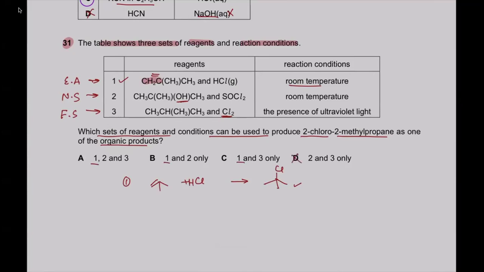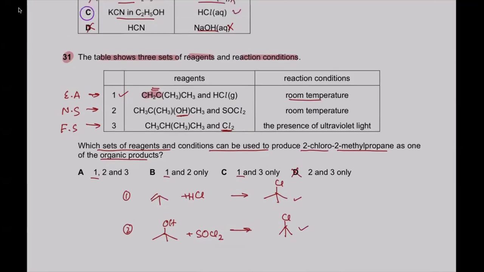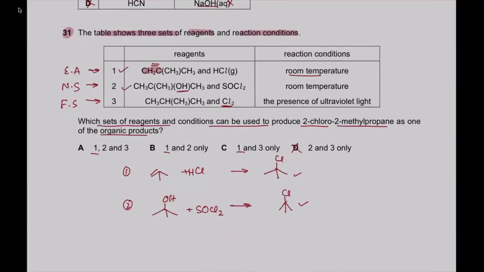So D goes wrong. If you look at the second reaction, there are 3 carbons in the chain, the fourth carbon is a branch, and over here OH. When I react with SOCl2, it also gives Cl. So we are getting 2-chloro-2-methylpropane, so reaction 2 as well. So C doesn't have reaction 2, so C goes wrong. Now we are left with A and B.